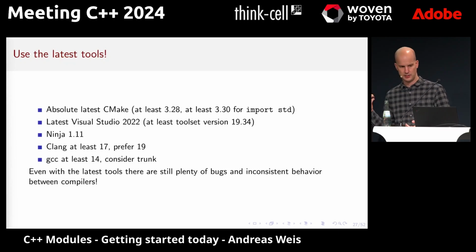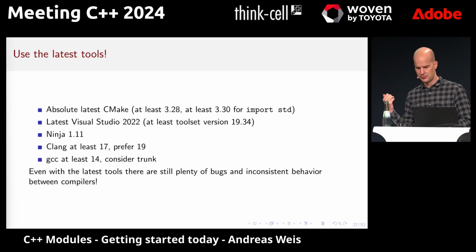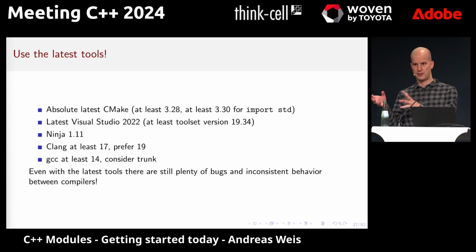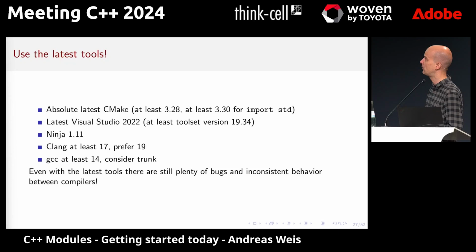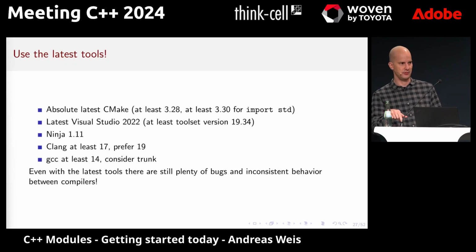And with your compilers, try to have the latest you can. Visual Studio needs at least toolset version 19.34. Toolset version is the version that the compiler prints out when you invoke it. So if you call cl in the build shell, or if you look at the compiler's output in the Visual Studio output window, this is different from the Visual Studio version that you get if you click on About Visual Studio in the IDE.